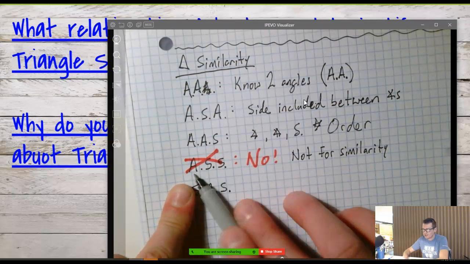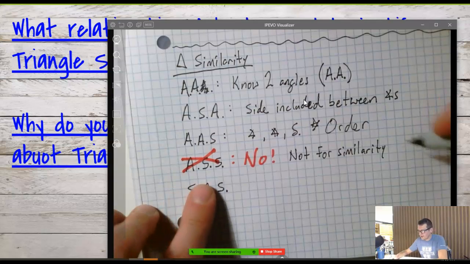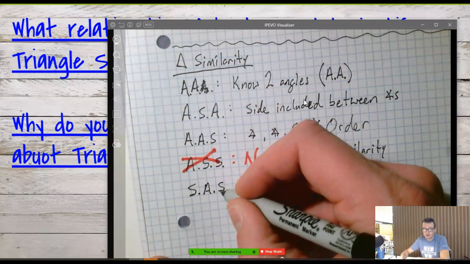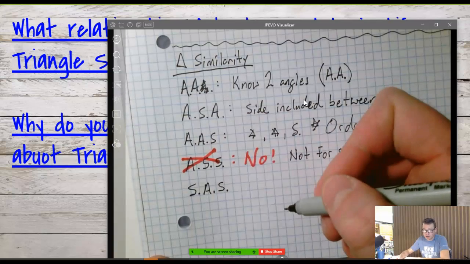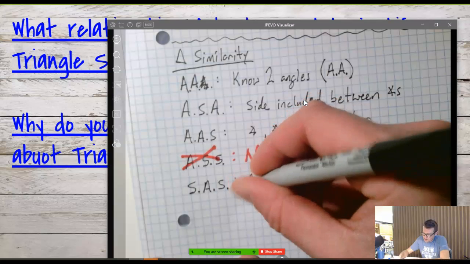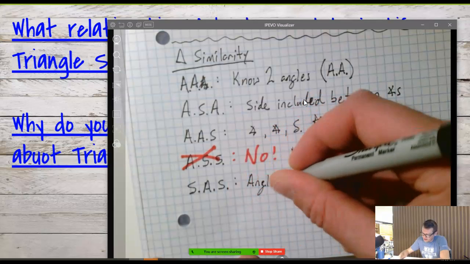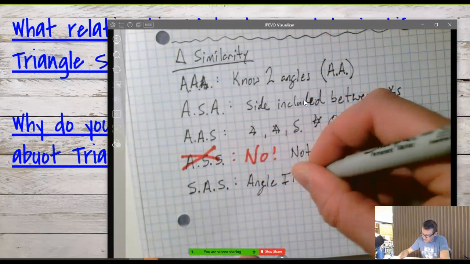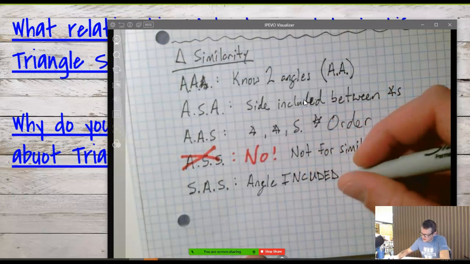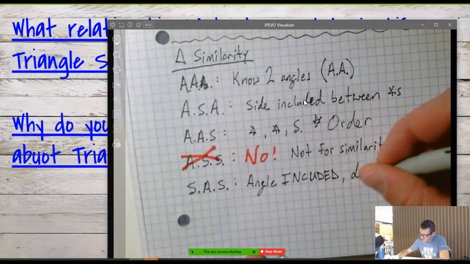So this does not work for similarity because the angle is not included. Side, angle, side does work when the angle is included. I'm going to put that in all capital letters too. When the angle is included, it does work.